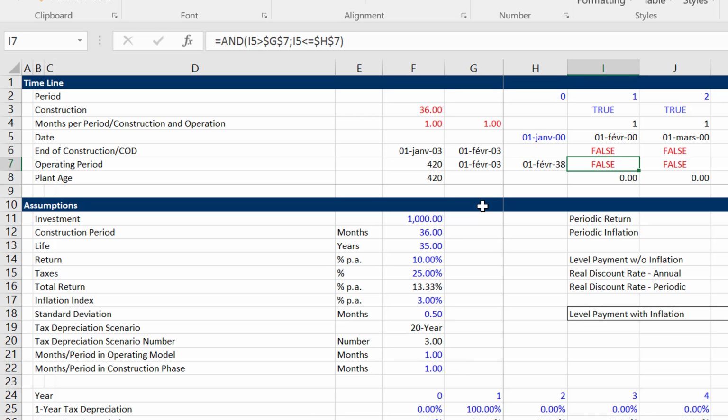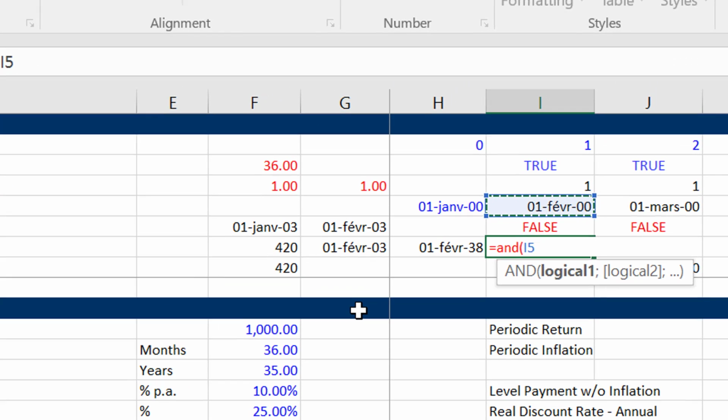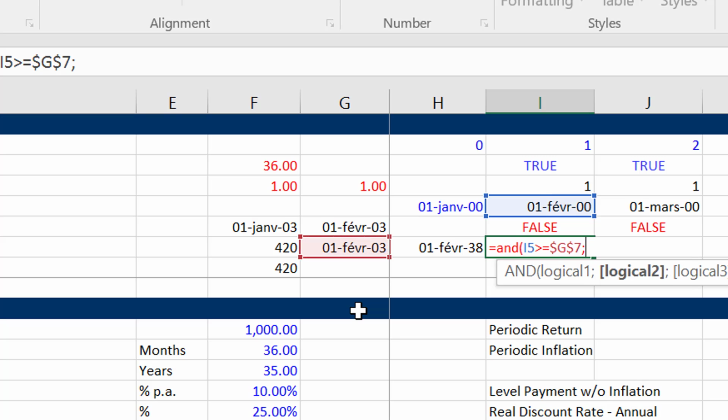And then we take the classic kind of thing, which is our AND function, go up to the date, and this time it's greater than or equal to the start date, F4, and we take this thing again and make it less than or equal to this one because of the way I use the E date.